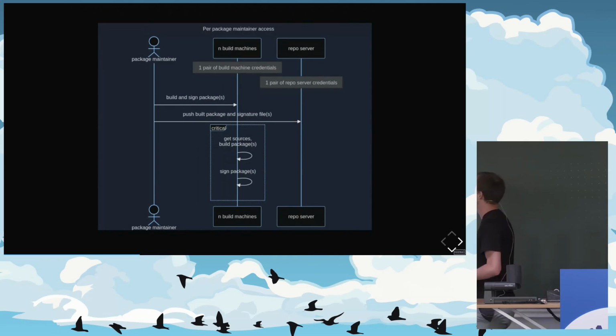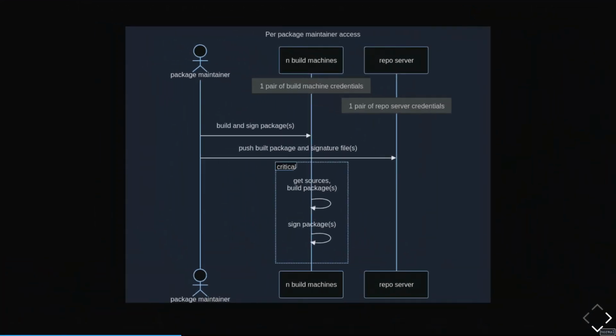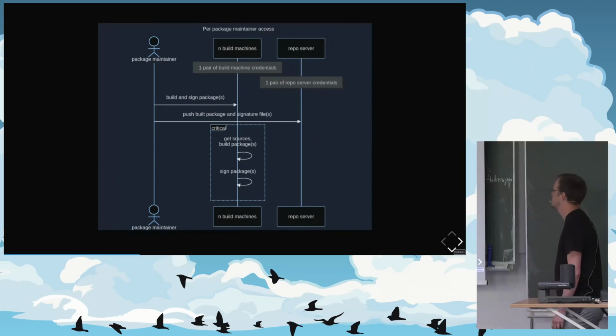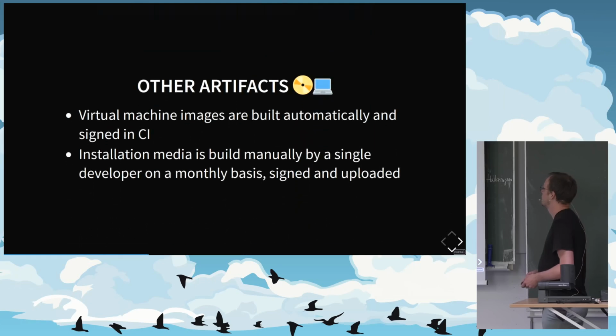So the status quo is basically that one package maintainer has access to n build machines, their own, ours, and builds packages there, signs the packages locally, hopefully with a hardware token, and then pushes build packages and signature files to the repository server. We have, as I mentioned earlier, other artifacts, virtual machine images, for instance.